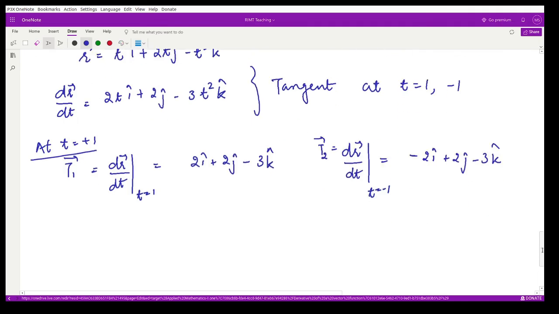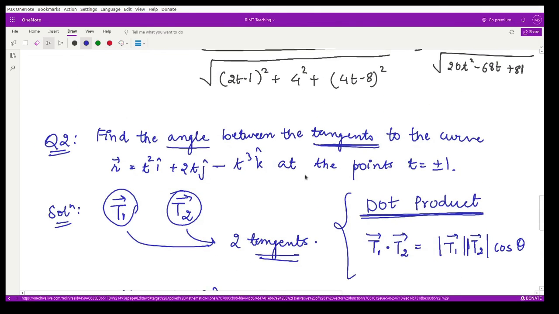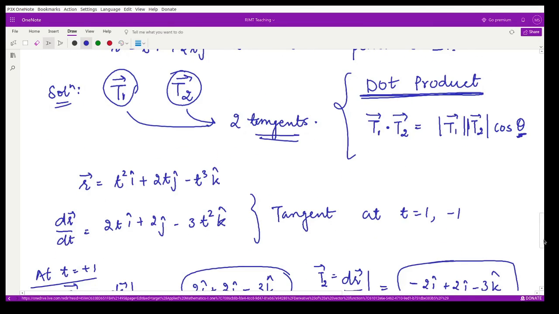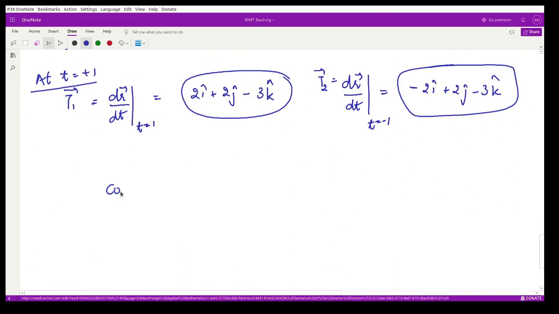So once you have these two vectors, from the question we have to calculate the angle between them. That means we have to calculate this theta here. For calculating theta, we can use this formula: cos theta is equal to the dot product between these two vectors divided by the magnitude of the first vector and the magnitude of the second vector.